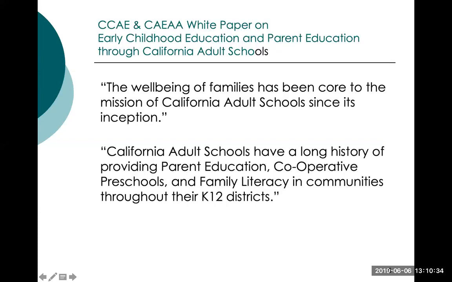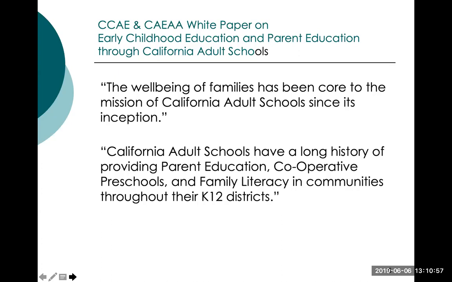This white paper has been adopted by CCAE and CAEAA and distributed, so some of you may have seen it already, to the field as well as to policymakers in Sacramento. So this slide is just showing two specific statements from that white paper, and the white paper is a resource that we're providing to you today as well.